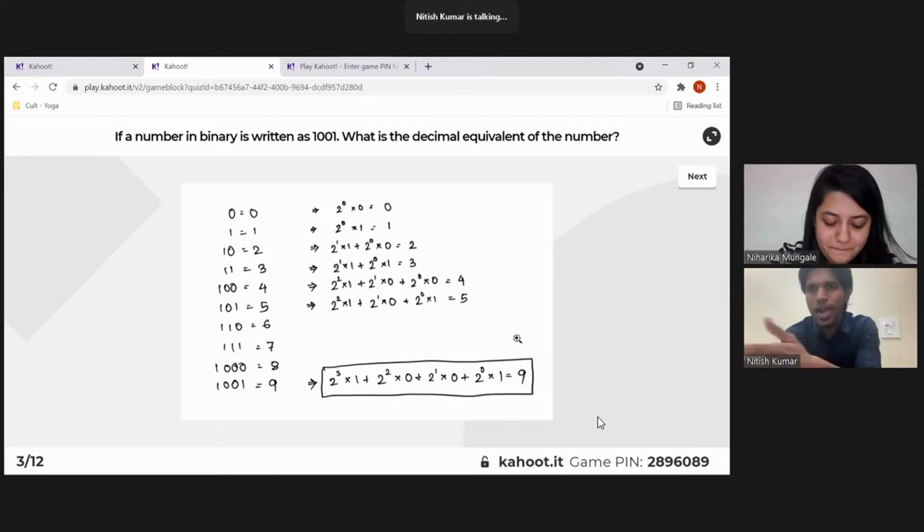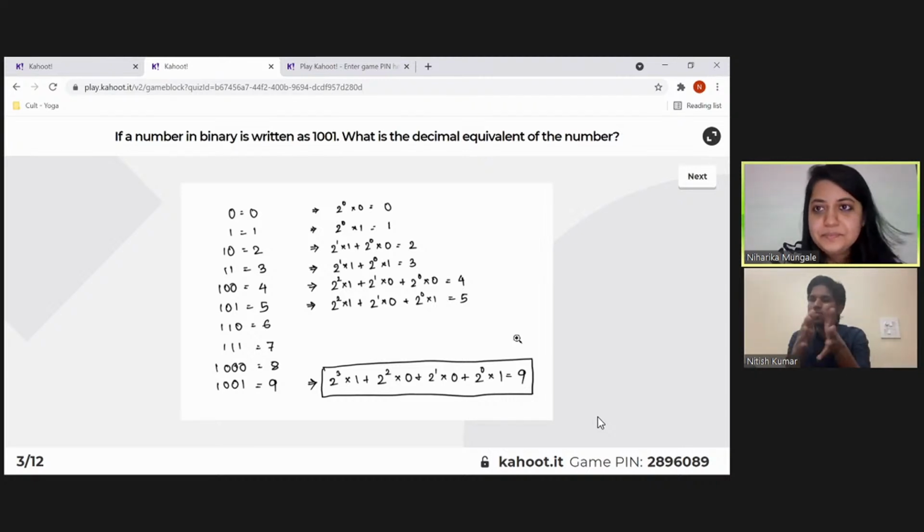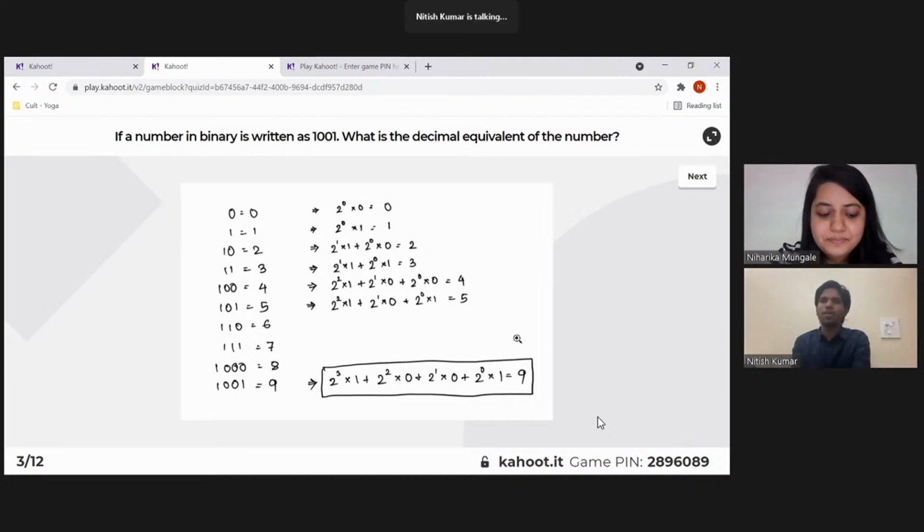Take into account even current decimal numbers. If I say a number is 103 in decimal, how is that number calculated? Let's take a different number, 78. How is the value of the number 78 calculated? It's calculated as 70 plus 8, that's 7 times 10 plus 8 times 1.